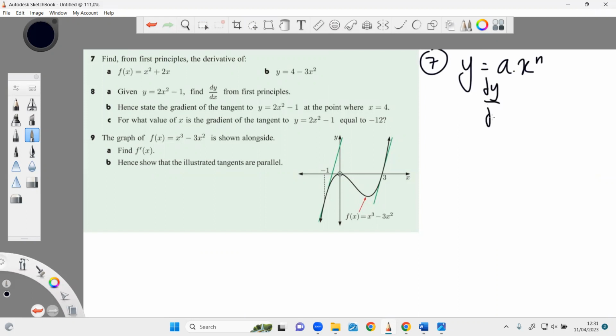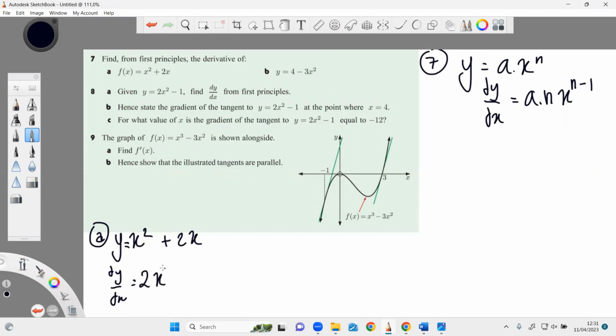The dy/dx, which is the derivative, is equal to a. You put the power below, and for x, you put the power below, subtract by 1. So for 7a, it's very simple. So the dy/dx equals to 2 put below, x power 2 minus 1, which is x itself, plus 2. Okay, I will do it one by one slowly.